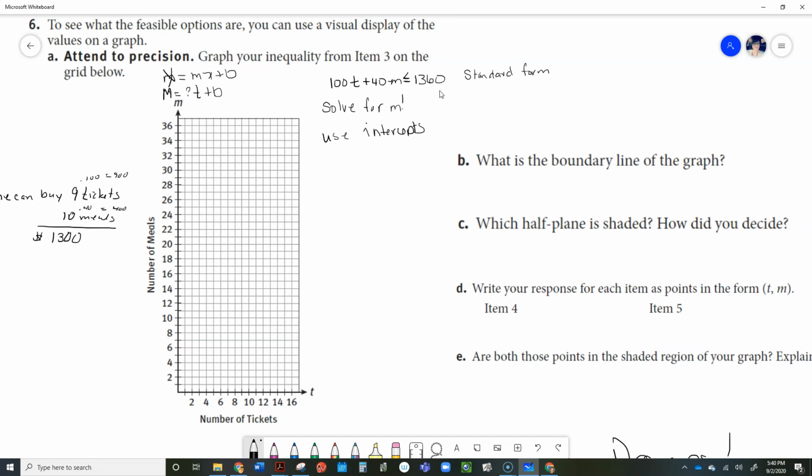When it's in standard form, it's really easy to find your intercepts. You just plug in 0 right here, solve for m, plug in 0 right here, solve for t. It's in standard form right now.